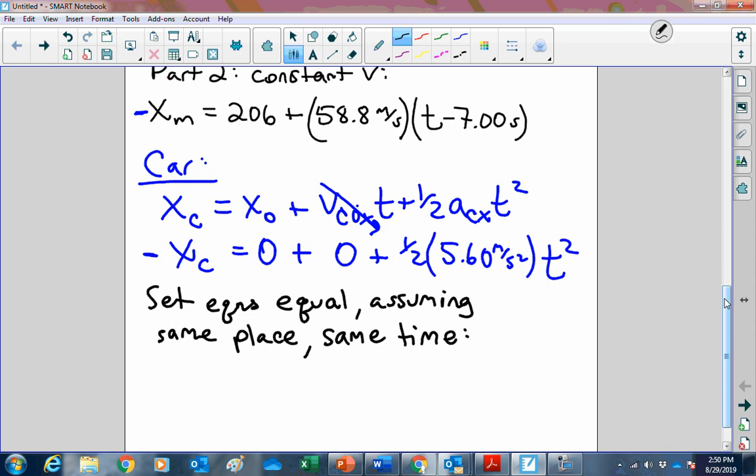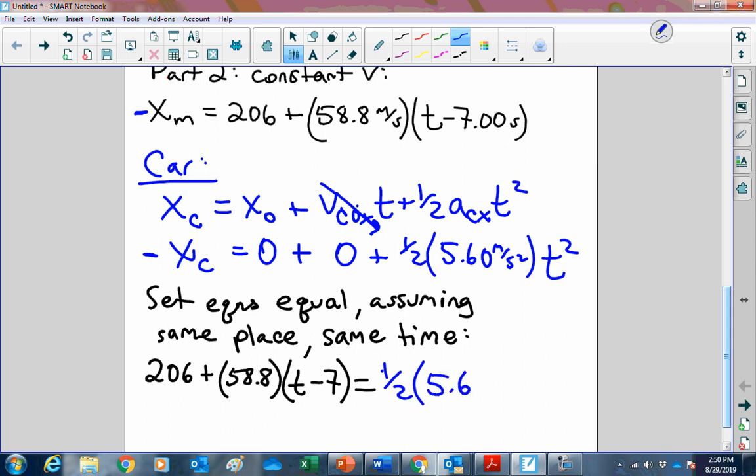Okay, so then now I guess I could distribute this. Maybe I'll do that in the next step. 58.8 times t minus 7. And I'm going to start getting lazy here. And then set that equal to 1/2 times 5.6 t squared.